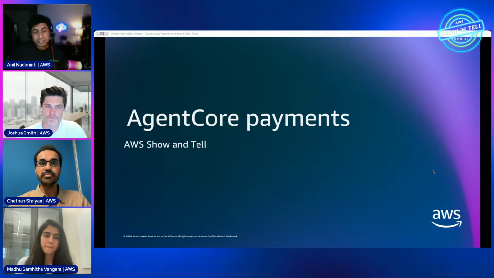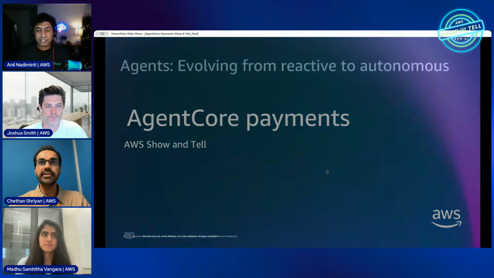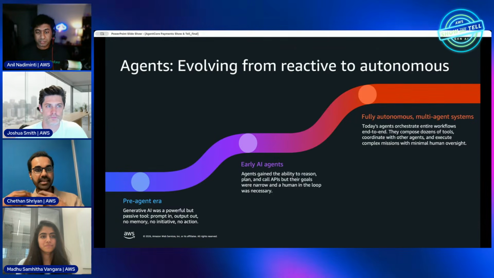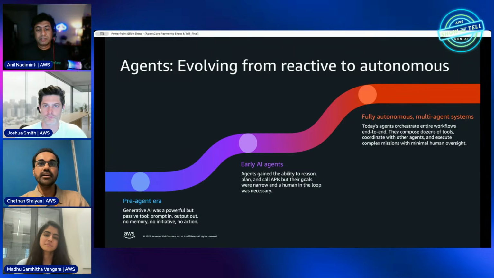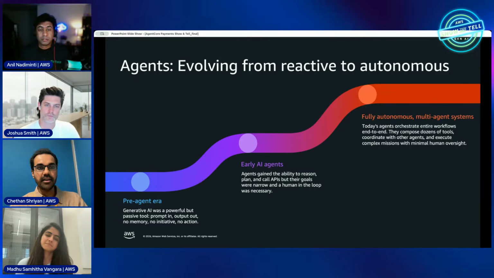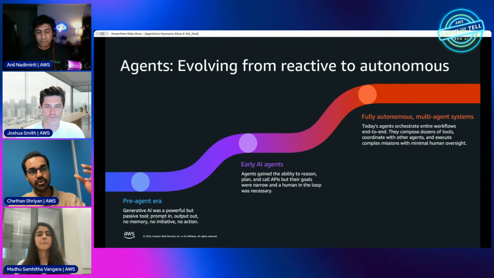Yeah. So maybe I'll talk first about why we came up with AgentCore payments. What is the thinking behind this whole thing? There are two aspects which we looked at. The first aspect is how agents are evolving. In the beginning, we saw simple chatbot kind of applications where people were asking questions and getting answers.